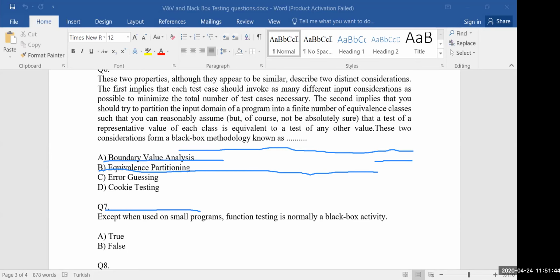We also have a final exam question related to equivalence partitioning.